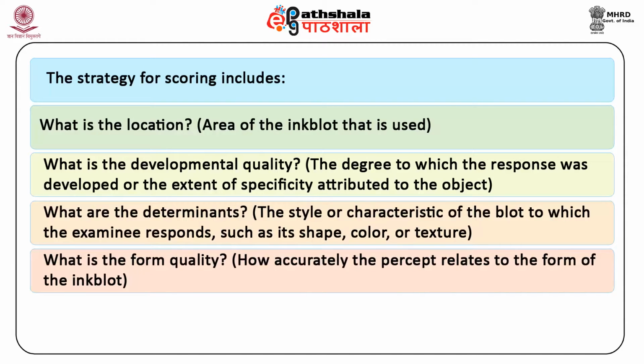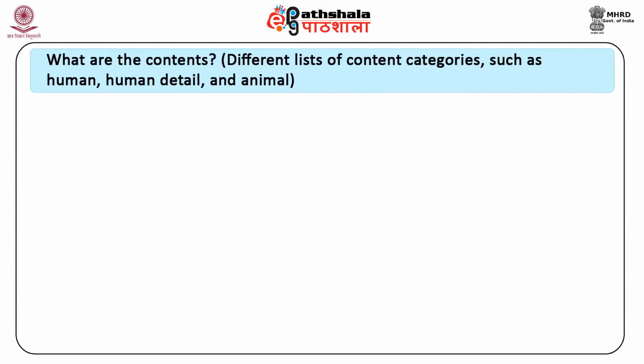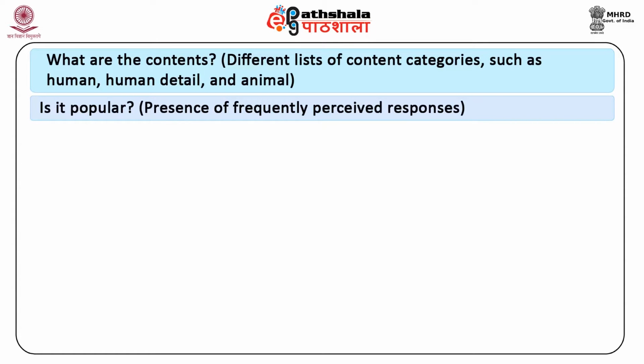What is the form quality, that is, how accurately the percept relates to the form of the ink blot? Is there a pair? What are the contents, that is, different lists of content categories such as human, human detail, and animal? Is it popular, that is, the presence of frequently perceived responses?